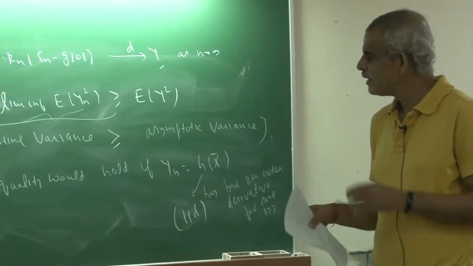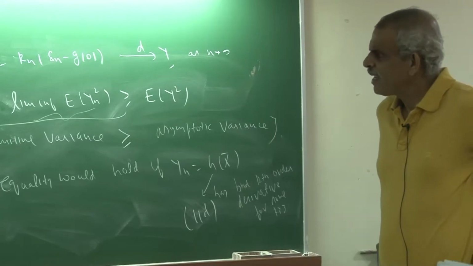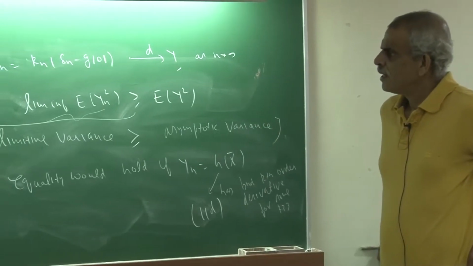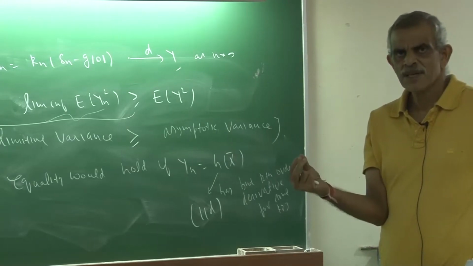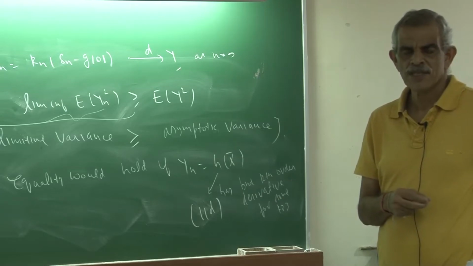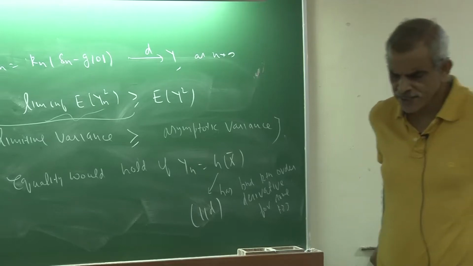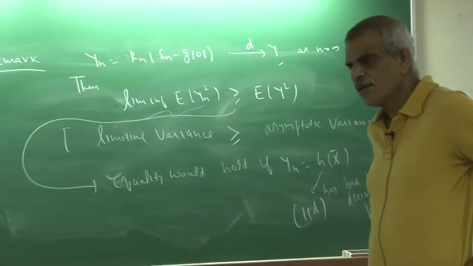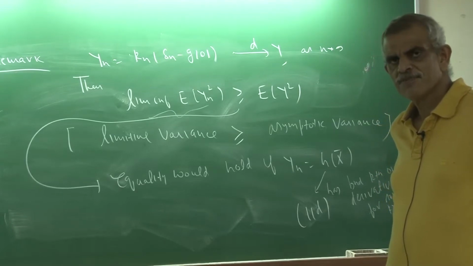So what we are going to see is, in many situations, our estimators are such that when I normalize them, the asymptotic distribution turns out to be normal. If you have two estimators for which after normalization the asymptotic distribution is normal, I can compare them in terms of their asymptotic variance.